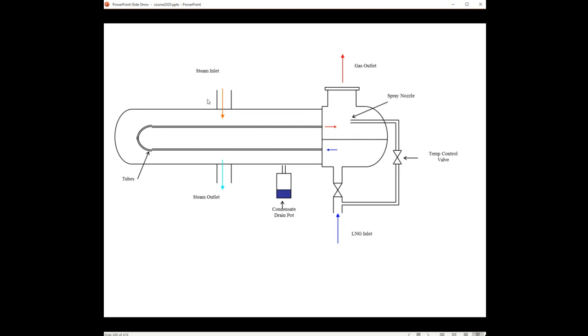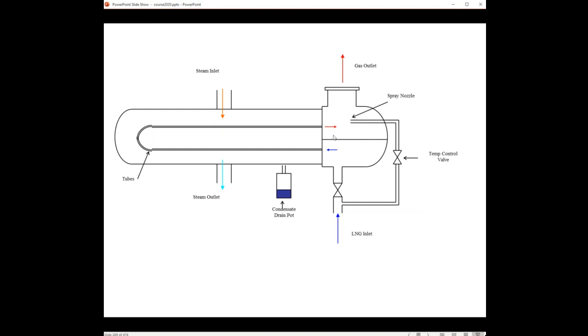Now, the temperature control is very difficult with this steam. So what we do is we open the steam completely, and we send the maximum capacity of the steam towards the vaporizer. That means that here at the outlet, if we don't pay attention, temperature can go above 100 degrees Celsius.